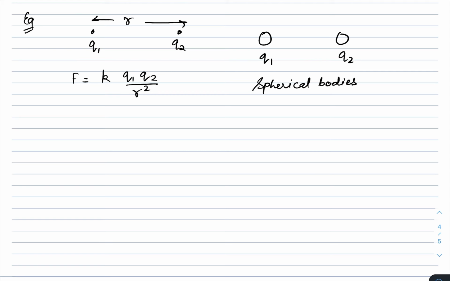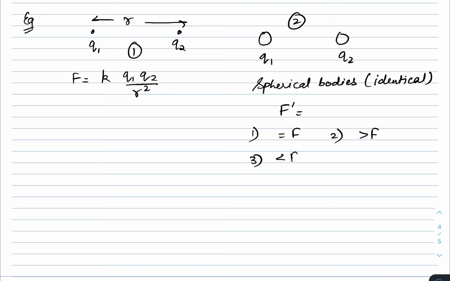So you have to tell me the force F dash in case 2, this is case 1. Options are: number 1, equal to the initial force F; number 2, greater than F; number 3, less than F; fourth, cannot be predicted.